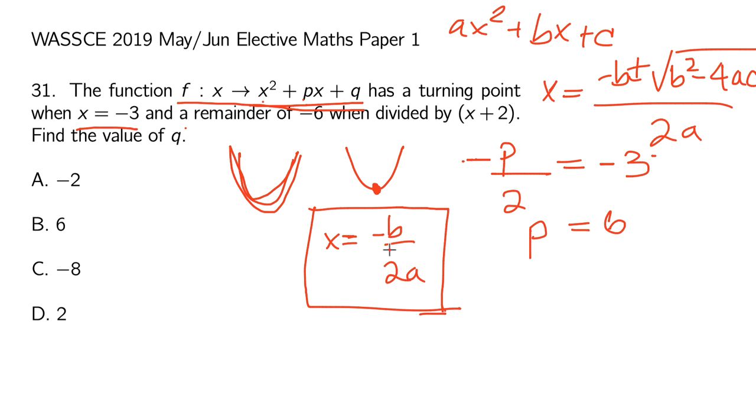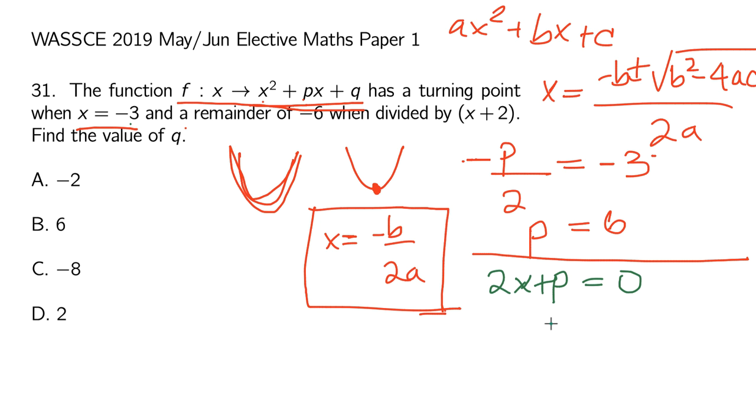Like I said, we can also differentiate. So let's just convince ourselves that we get the same answer when we differentiate. So when we differentiate this, what do we get? We get 2x plus p, and we are told that a turning point occurs when x equals minus 3. Now at the turning point, this derivative must be equal to 0.